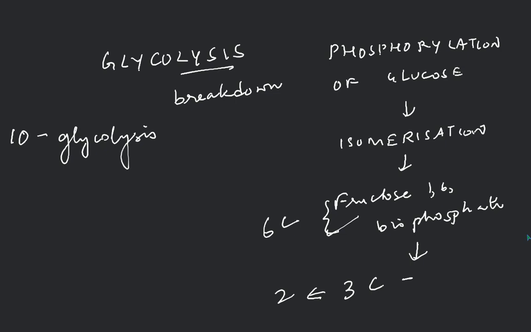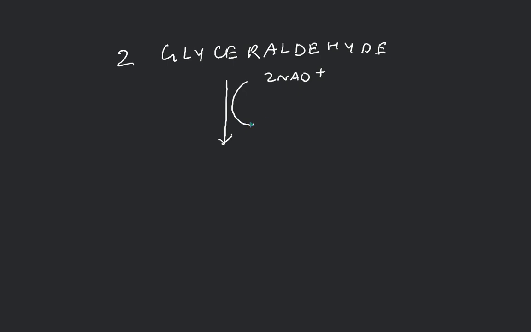Let me show you. If I write it like this, two glyceraldehyde undergo a reaction in which 2 NAD plus gives out 2 NADH, and the product formed is 1,3-bisphosphoglycerate.